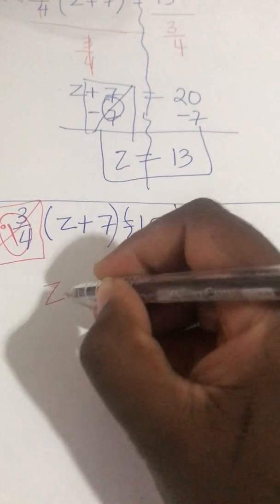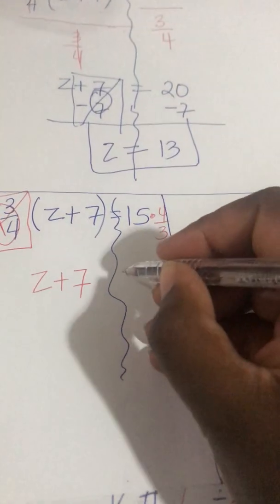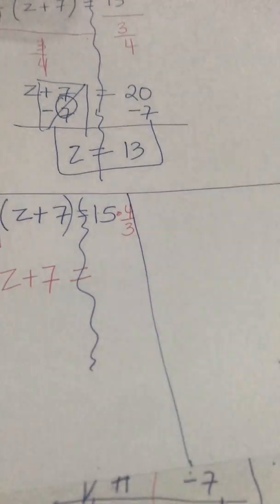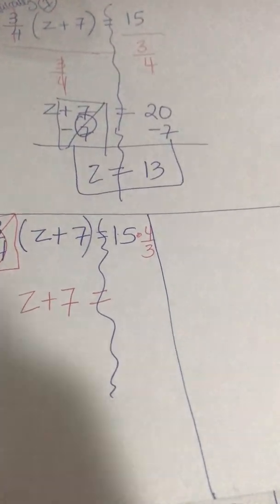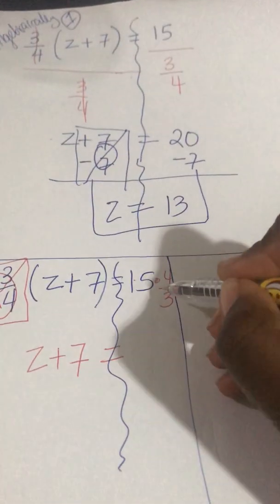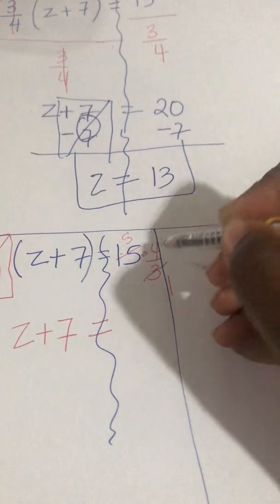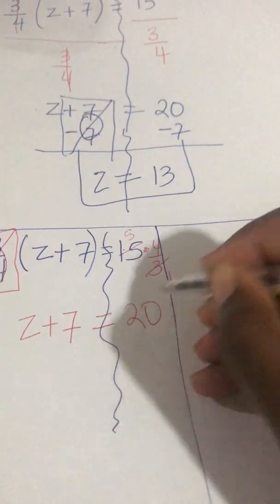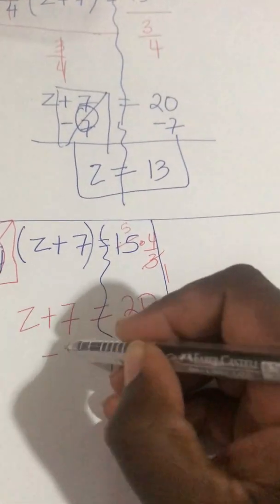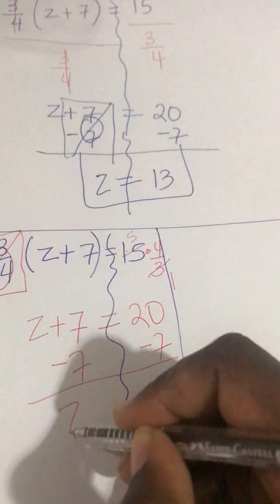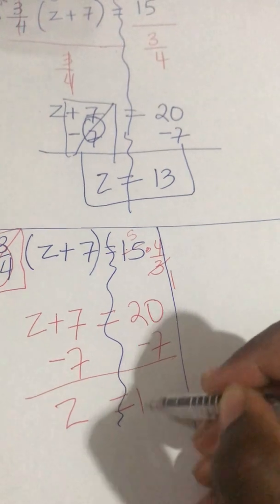So you're left with z plus 7 equals 20. Anyway, 3 goes here once, 3 goes here 5. 5 times 4 is 20. Okay? Then you minus 7 on both sides. z equals 13.